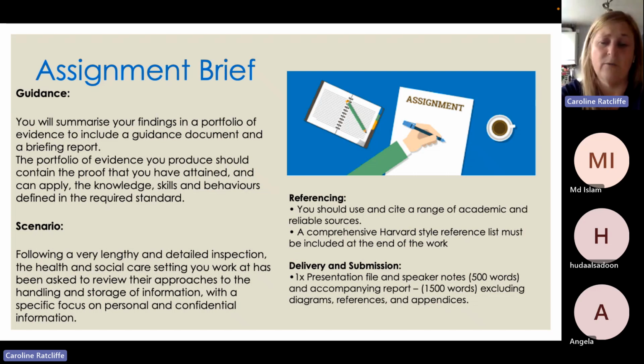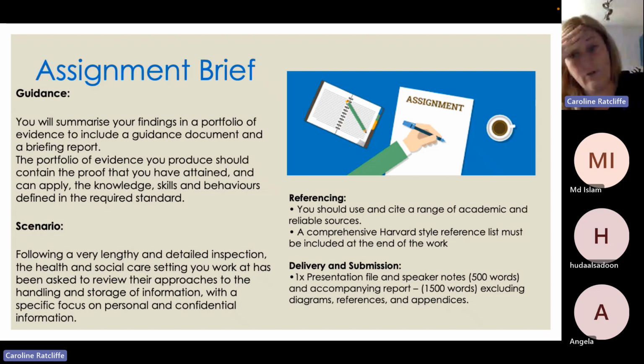If you are not currently working in health and social care, if you are working somewhere, or equally, if you have been into some organisation that has your data, so something as simple as your doctors, your dentists, your hairdressers, if you go to the gym all the time, so it might be your gym's got all these contact details, then if you are not already working in this environment, just try and think about an organisation that has your data and how they look after it, and that will help you write this assignment, okay?